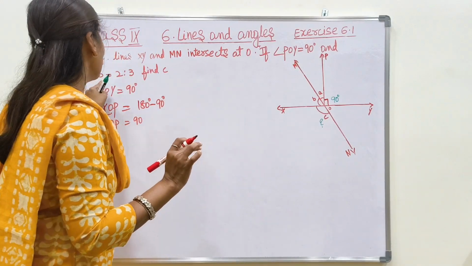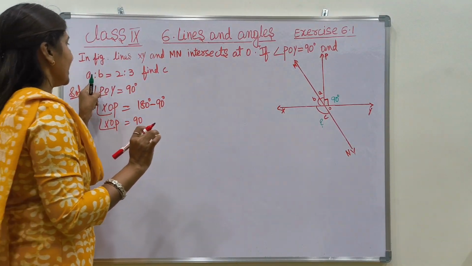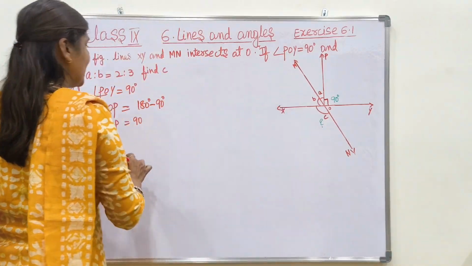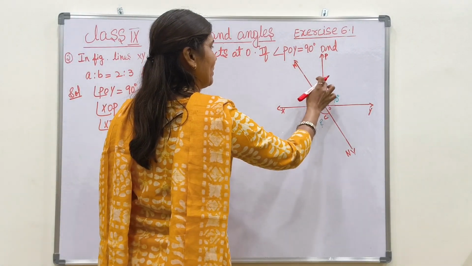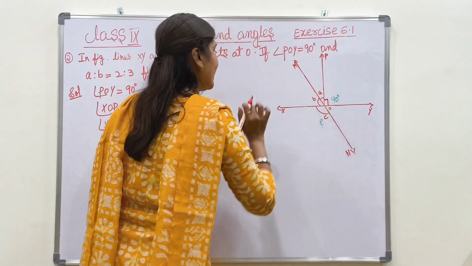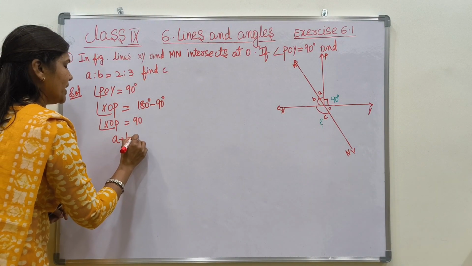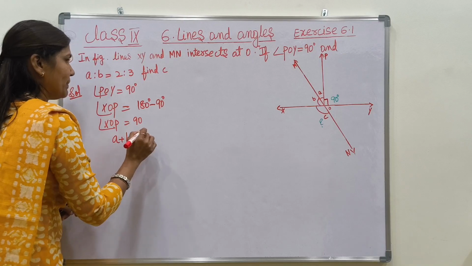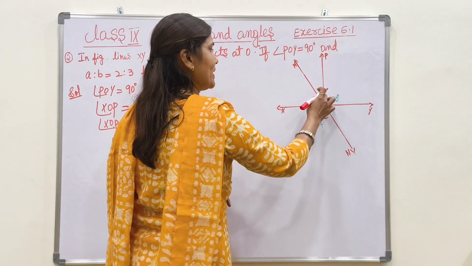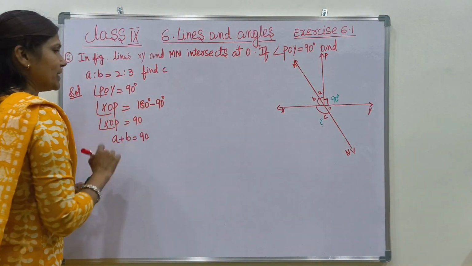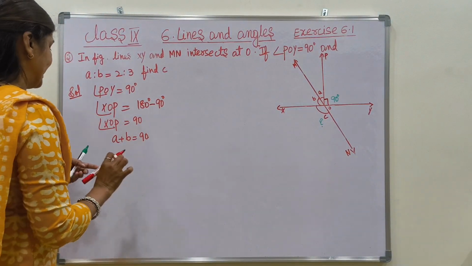Next what is given? Here A is to B is equal to 2 is to 3 ratio given. Now see here, angle A plus angle B, this full how much degree? 90 degree. Now you write here A plus B is equal to 90 degree. XOP means it is 90 degree came just now. So angle A plus angle B is equal to 90 degrees there.